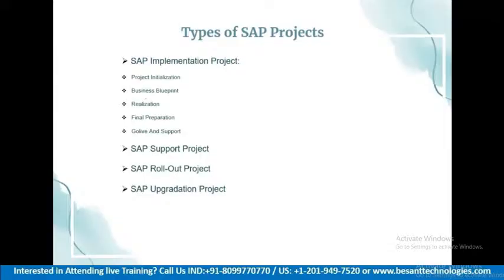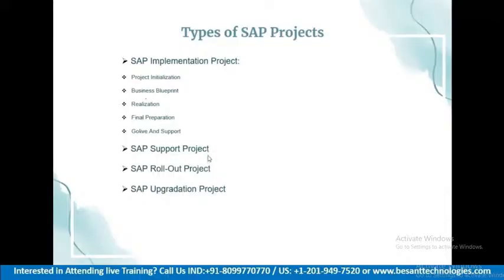Let's say Asian Paints has business all over the world. In Germany and USA, they have an SAP S4 HANA solution. The same solution they want to install in Indian branches also. So if you are copying the same solution and implementing it in another part of the business, that is called a rollout project.